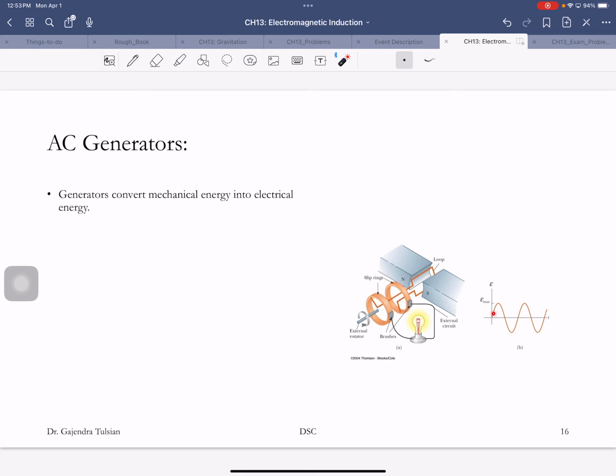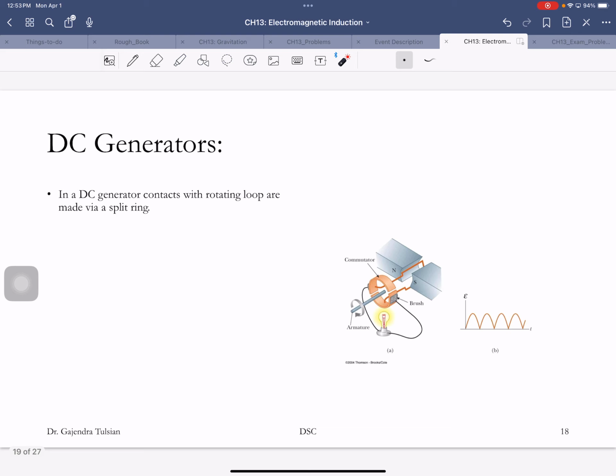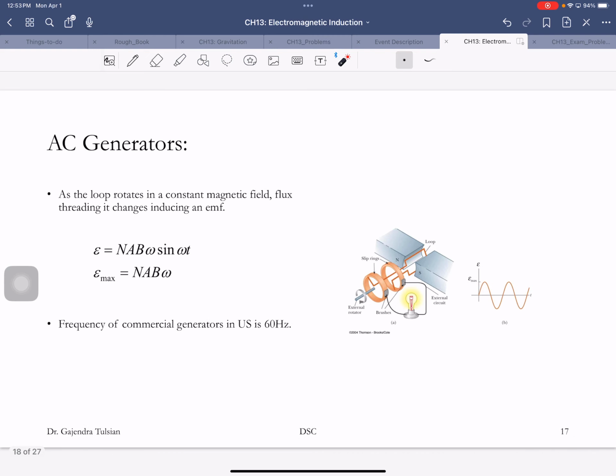You induce an AC voltage in the loop of wire, and that depends on the way it's connected. If this loop of wire were connected like this, you would generate a DC voltage. But we won't worry about that. In all our applications, we generate AC voltage.